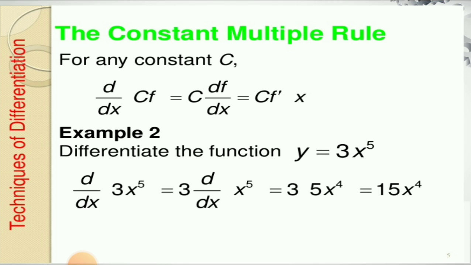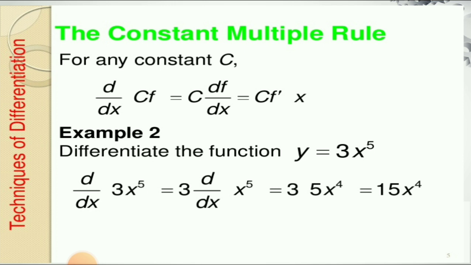The constant multiple rule: for any constant c, d over dx of cf is equal to c times df over dx. Example: differentiate the function y equals 3x raised to the power of 5.